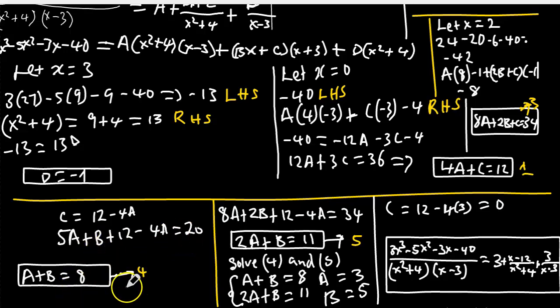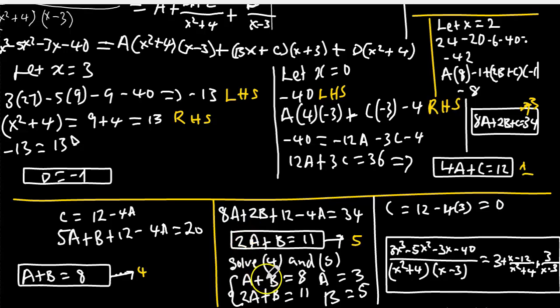Call this your equation 4, and then solve by substituting into equation 2. We substitute in equation 2, and we will get 2a plus b.